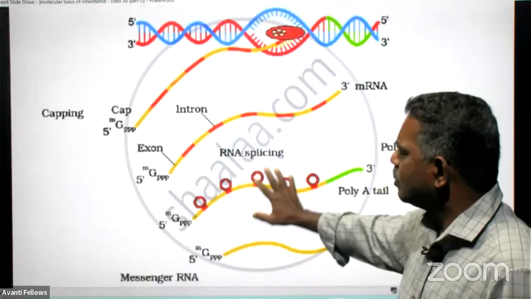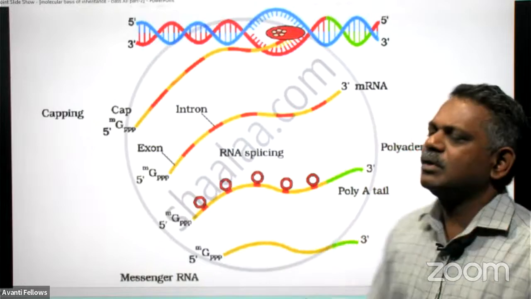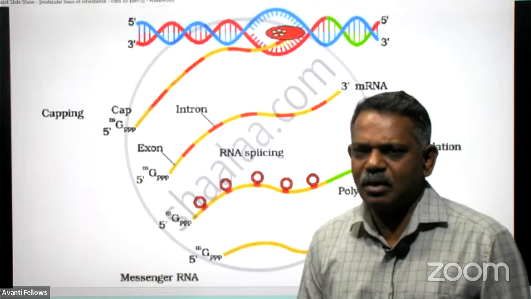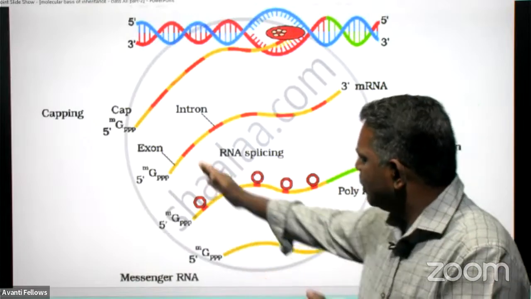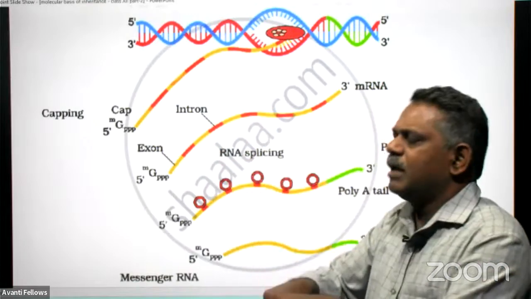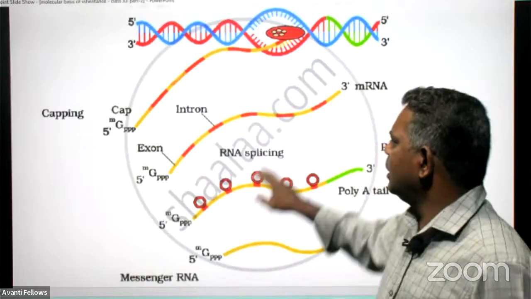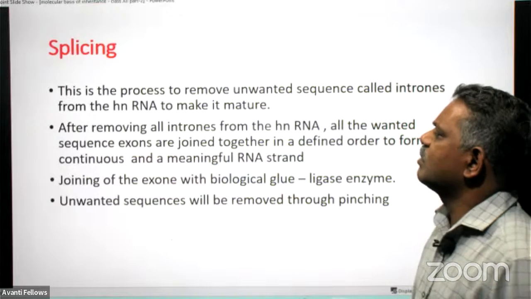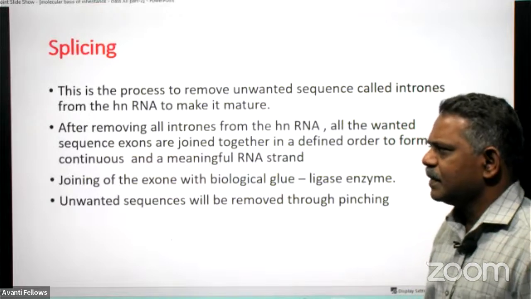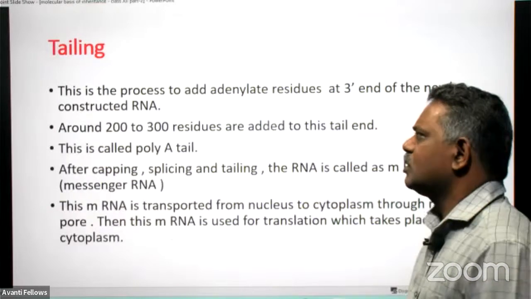There is no intron, only the wanted sequence, the exon. After removing everything, it is converted into small pieces that can be joined together with the ligase enzyme, and this process we call the splicing process. Then come to the last process, that is the tailing.